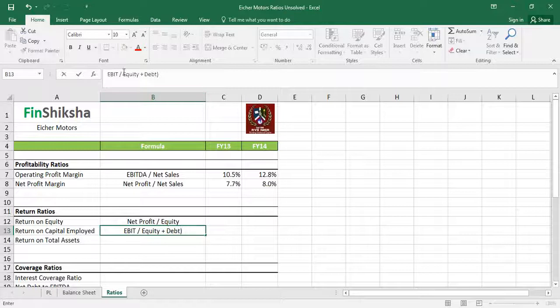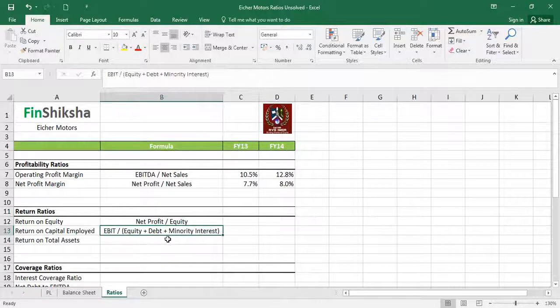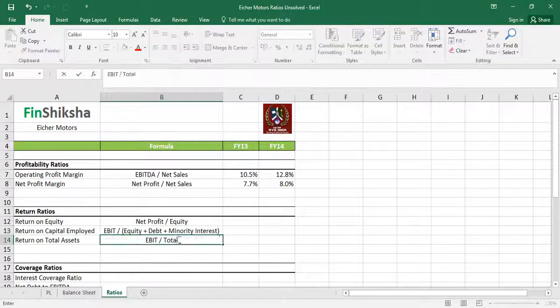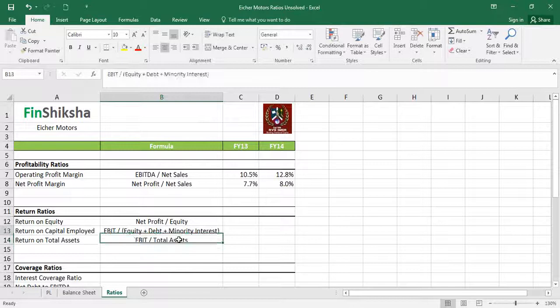And in this particular case, because there are minority holders as well, you add minority interest as well, because technically they have also put some capital into the firm, right? So that's your return on capital employed, and return on total assets is EBIT divided by total assets, right?